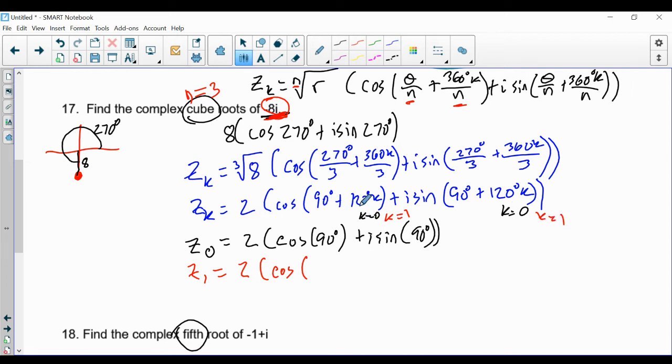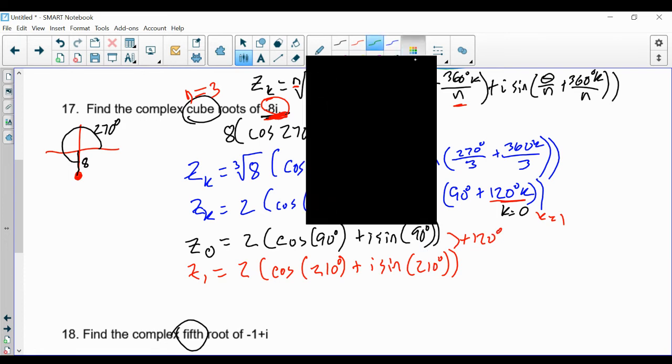So you do 90 plus 120, which if you add it together, you get 210 degrees plus i sine of 210. Okay. And there's kind of 2 ways of, they're actually the same thing, but you could either substitute in k equals 1 and then simplify and then add, or once we know what this 120k is, that's what we're going to add from answer to answer, 120 degrees for the angle.